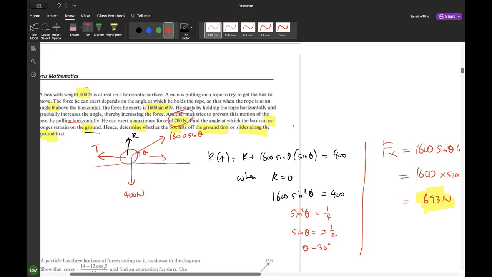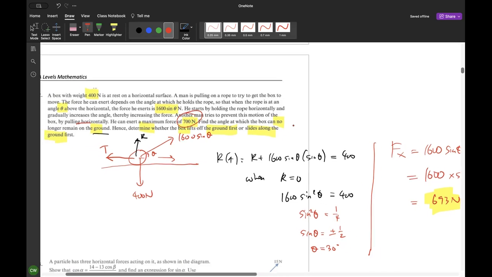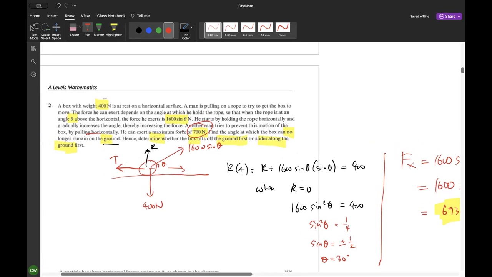It's going to slowly increase the angle. Trying to pull depends on the angle. That means the angle will increase slowly.